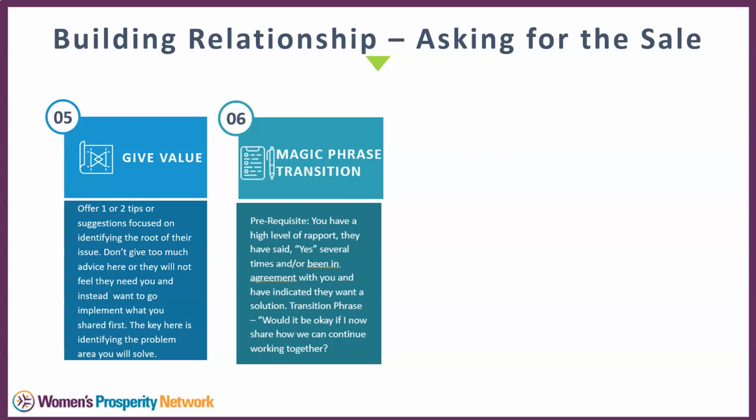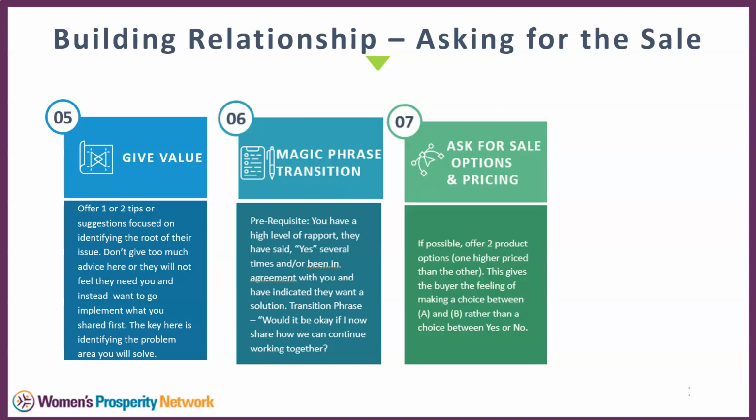They will say yes. Move forward with asking for the sale by providing options and pricing. And here it's really key that you know in advance what your solutions are, what your packages and what your pricing is, because this is about being prepared to serve and prepared to receive.